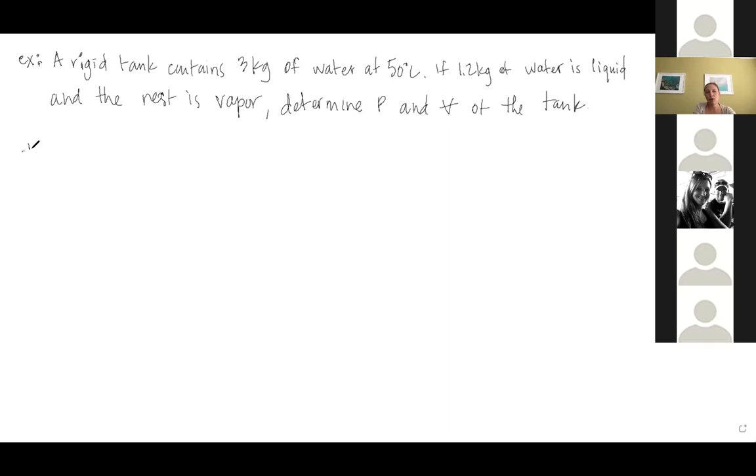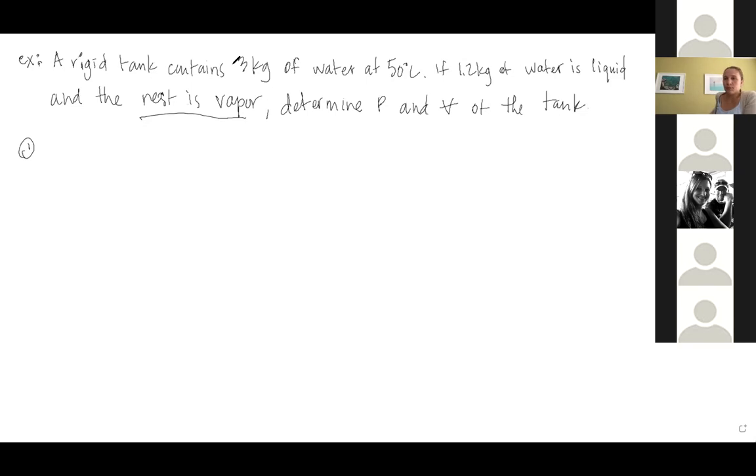So the first step that we always do is this: no, 50 degrees C does not mean a compressed liquid. In fact, we have hints that this is not a compressed liquid because we know that part of it is vapor. In a compressed liquid, there's absolutely no vapor even about to occur. Typically compressed liquid is a lot colder temperature or a lot higher pressure.